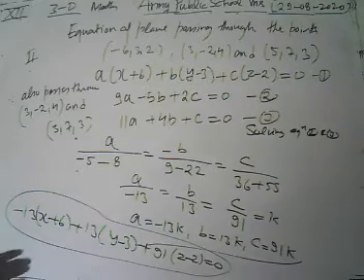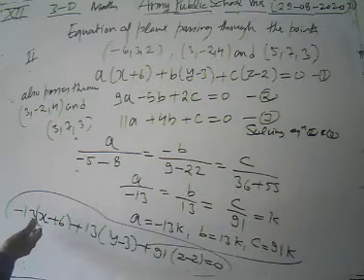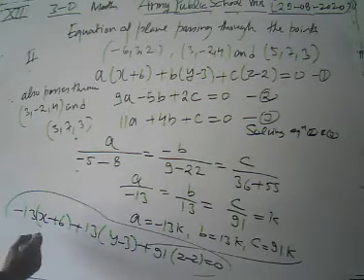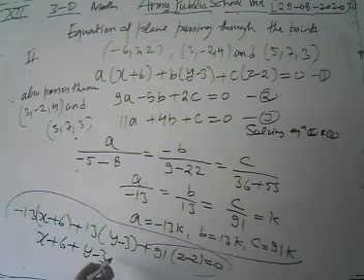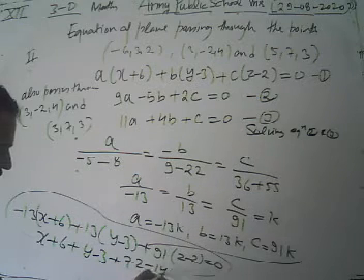We can further simplify it. Because minus 13 cannot be 0, take out minus 13 common. Then we have (x + 6) + (y - 3) + 7z - 14 = 0.